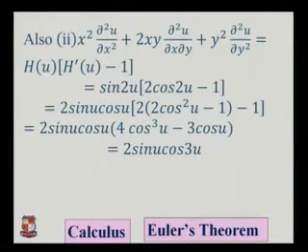So 2 sine u into cos u, and we know the formula of cos 2u is 2 cos square u minus 1, minus 1. So simplifying this bracket, we have the answer 2 sine u into cos 3u.